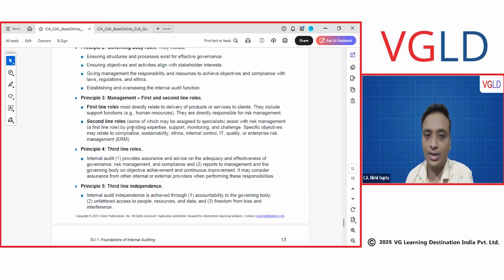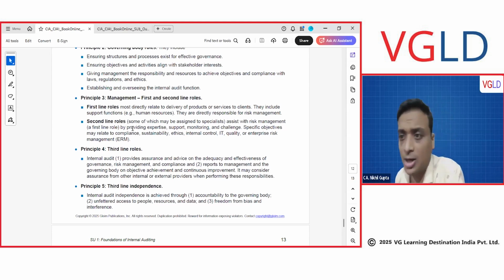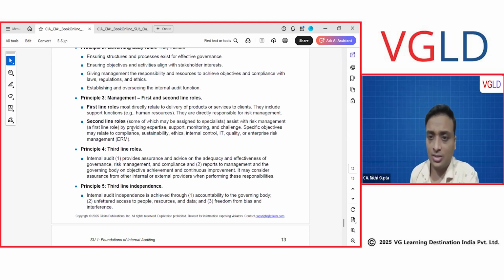Second line roles, some of which may be assigned to specialists or second line of defense experts who understand the risk management process, assist with risk management, which is the first line role, by providing expertise, support, monitoring, and challenge. Specific objectives may relate to compliance, sustainability, ethics, internal control, IT, quality, and ERM. These are all processes.